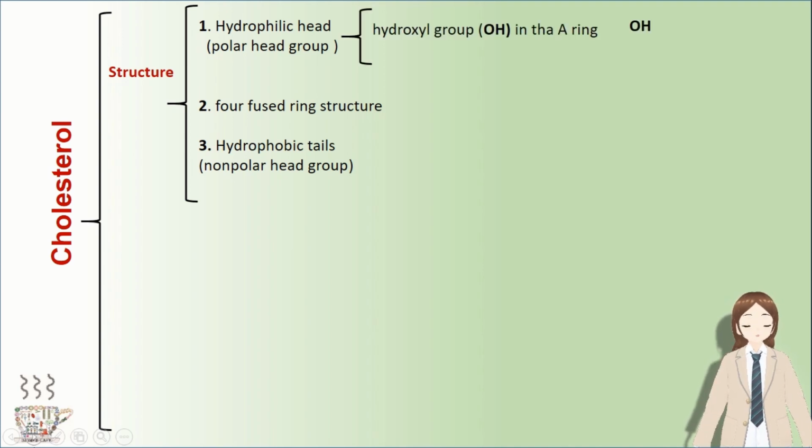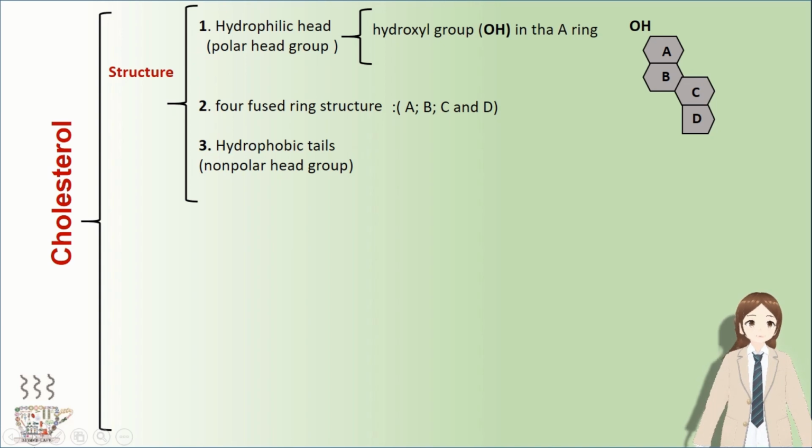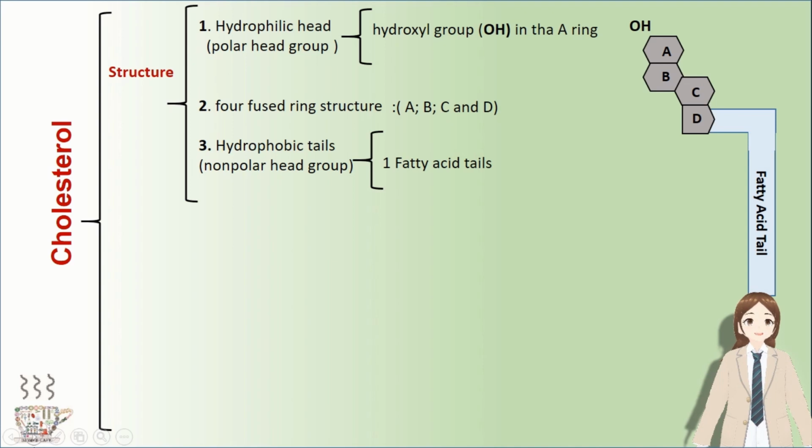Polar head group contains hydroxyl group in the A ring for fusing structure A, B, C, and D, and nonpolar head group contains one fatty acid tail.